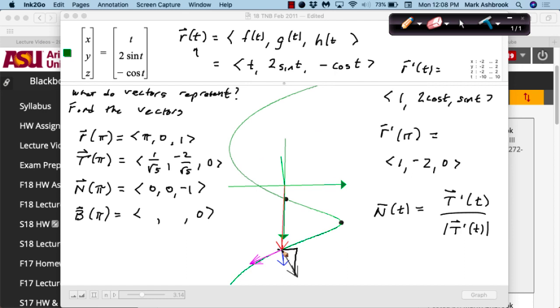So what will the ratio of x to y be for B? For the unit tangent, x was 1 and then 2.